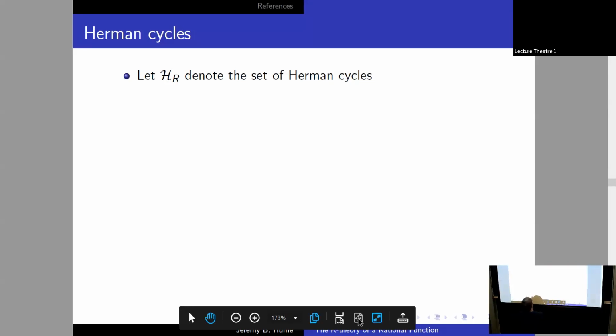So we'll denote curly HR to be the set of Hermann cycles. And as an example, let's say we have a cycle of length 2. So we have two annuli. And these are being permuted cyclically.